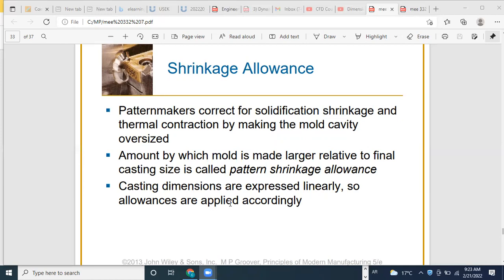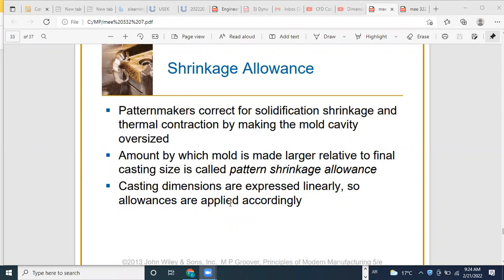We should also sometimes design several risers to be able to reach critical locations. I will talk about this. The amount by which the mold is made larger relative to the final cast size is called the pattern shrinkage allowance. So we need to do a study to know approximately how much the shrinkage will be, so we can compensate for this by using a larger cavity size.